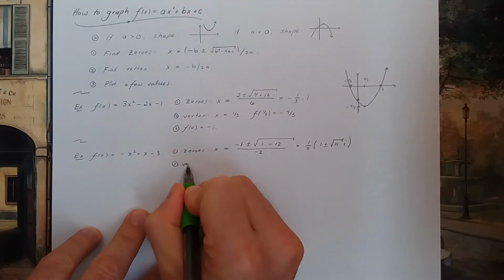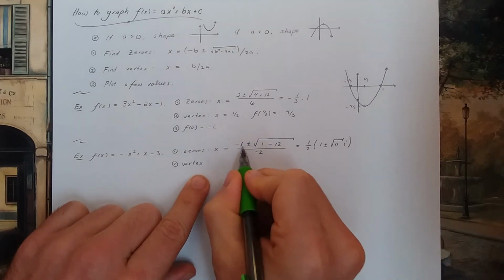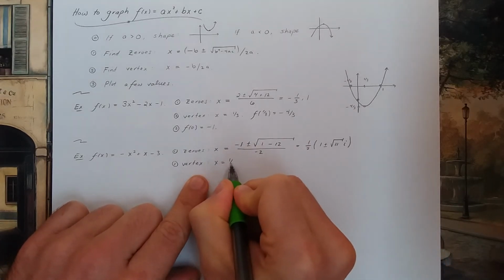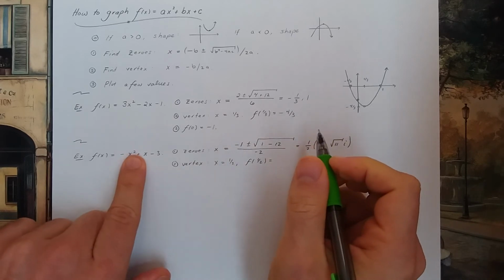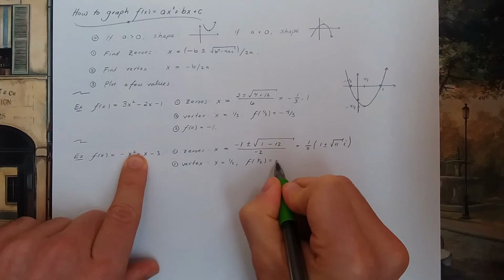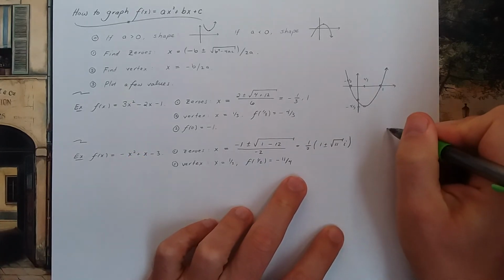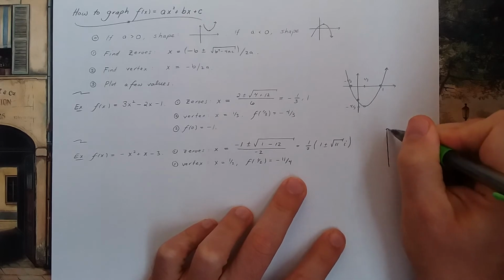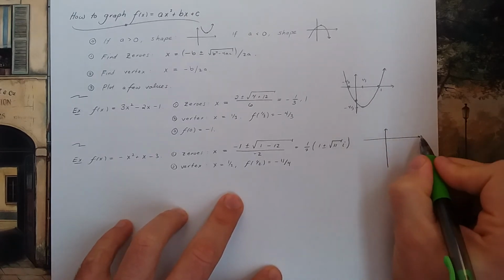The vertex is fairly easy to find. It is 1/2. And if I plug in 1/2 into my function here, I believe you will get negative 11/4. So let's come over here and start drawing our picture. So it's a downward-facing parabola, and it's below the x-axis.